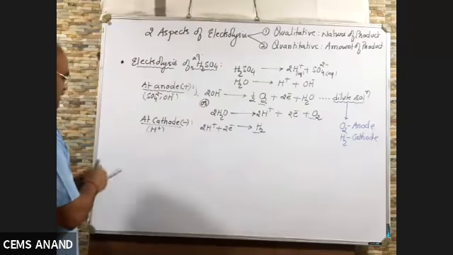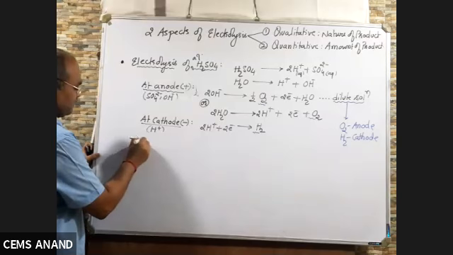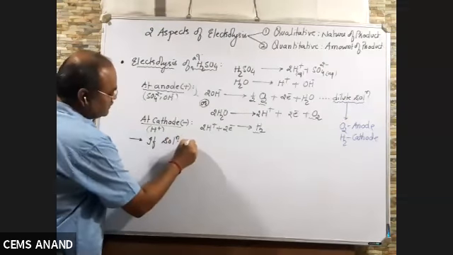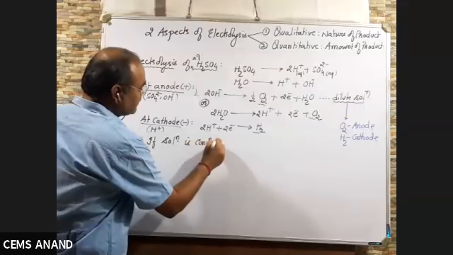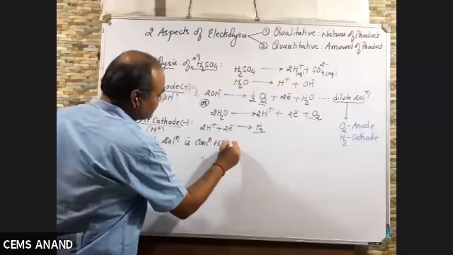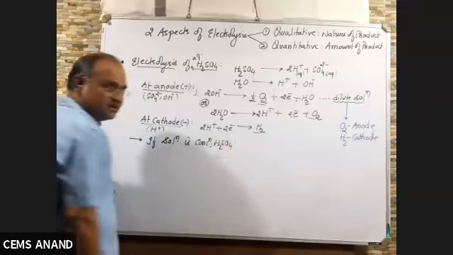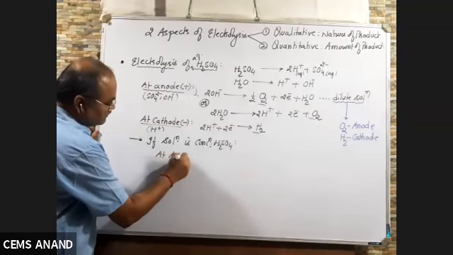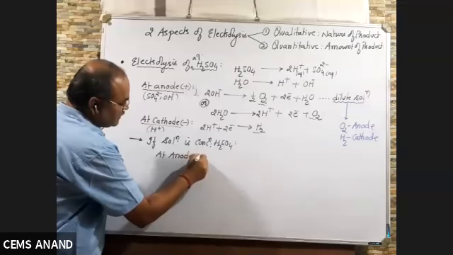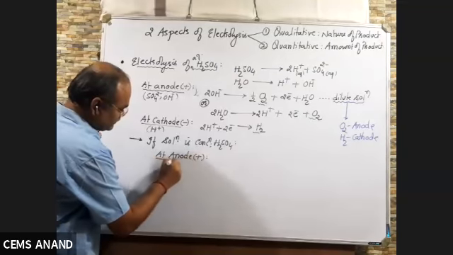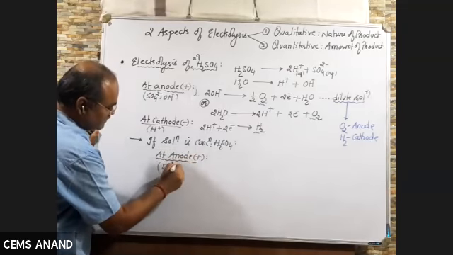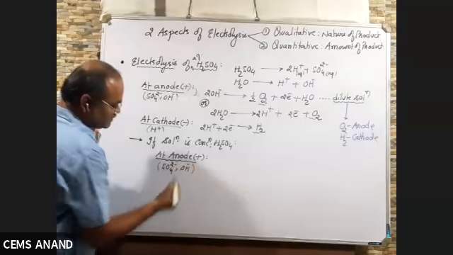But what about concentrated solution? If the solution is concentrated H2SO4, then at anode, again positive, two possibilities: SO4 2 minus, OH minus.